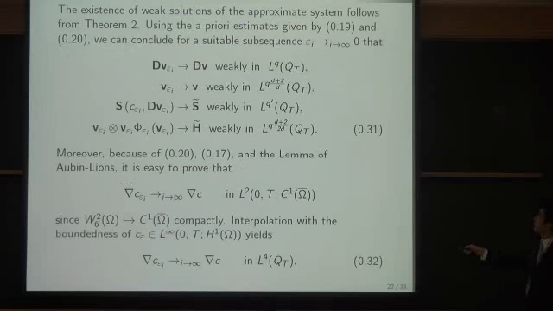So basically, by using the Lipschitz truncation method, what one can show is the following. One can show this, and by using a priori estimates given in Theorem 2, one can extract a convergent subsequence of these functions. But this weak limit is basically not related except in this case.